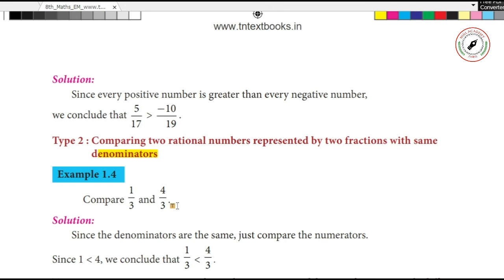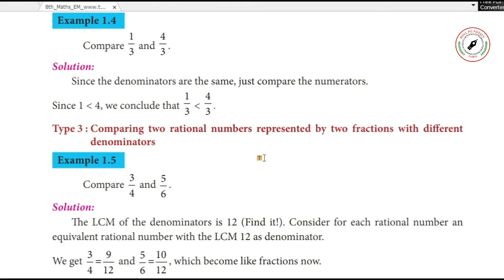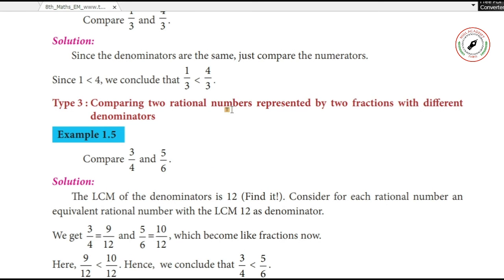If denominators are the same, just compare the numerators and tell which one is big. Here what we did? We take the symbol. Even though this number looks big, the symbol says negative, so it is small.